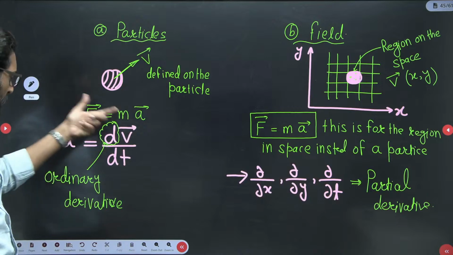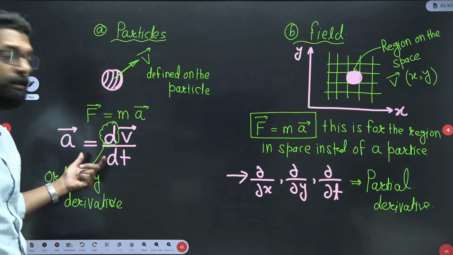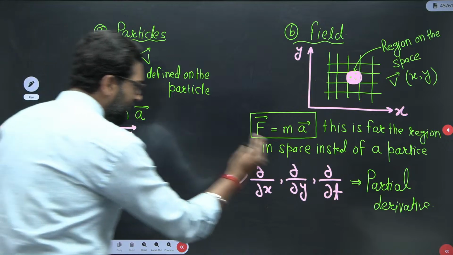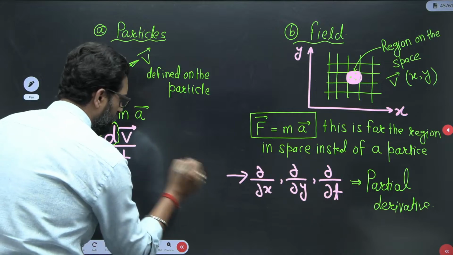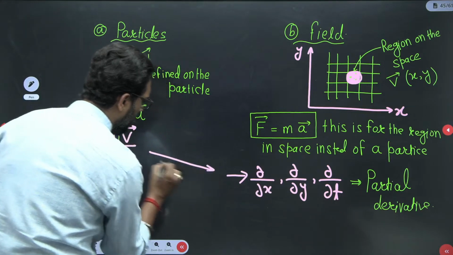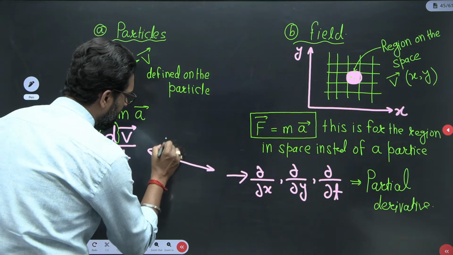If you define the particle, that is the ordinary derivative. And to connect between these two, if you link these two, that is called the material derivative.